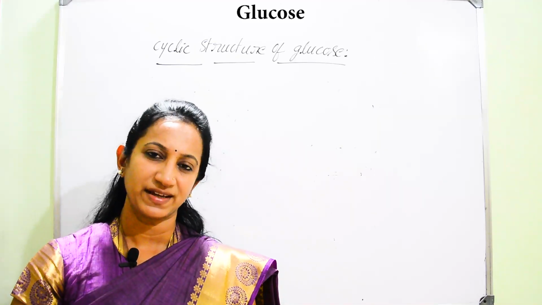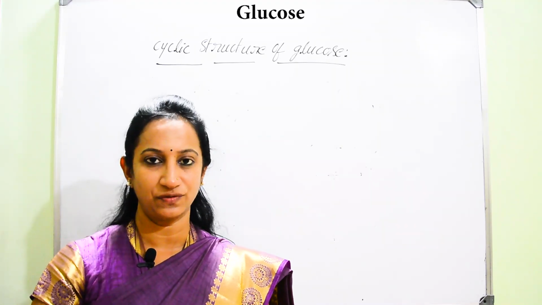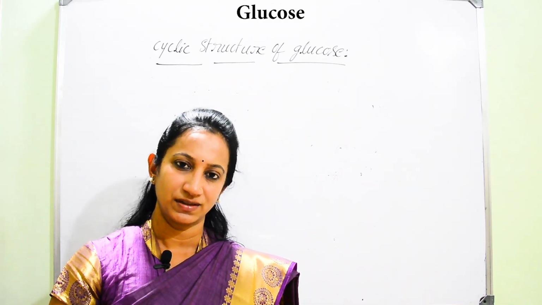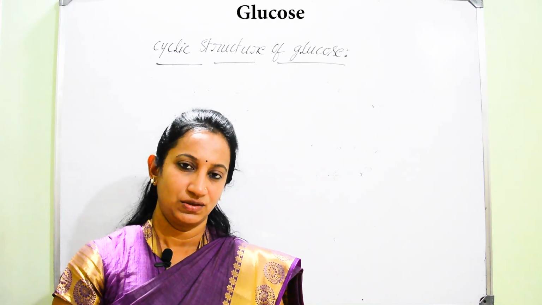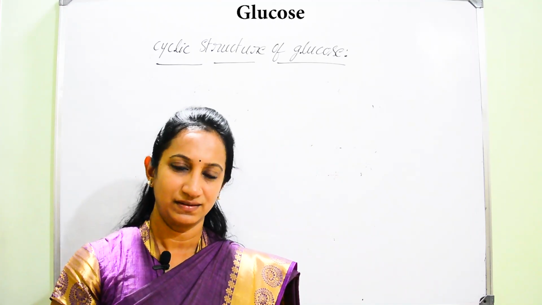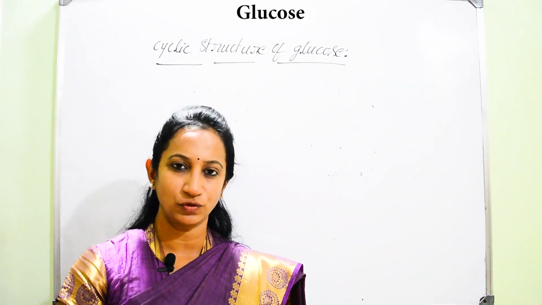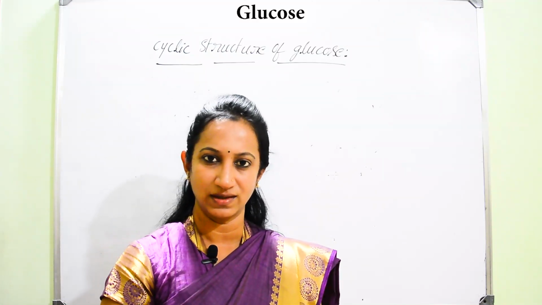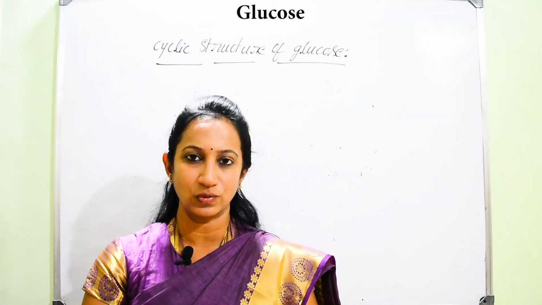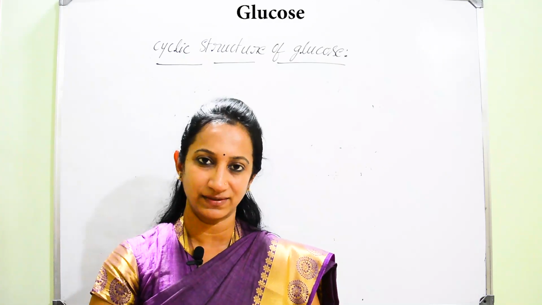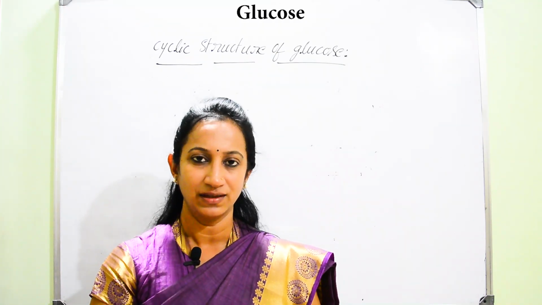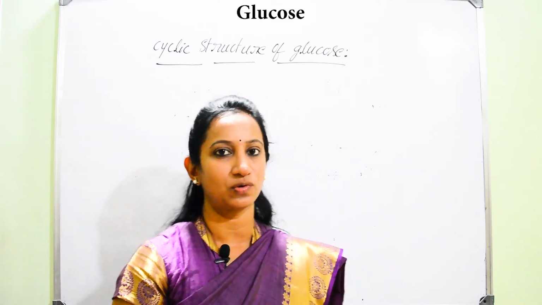In order to explain the cyclic ring structure for glucose, the scientist Fischer observed two forms of glucose. One is the alpha form of glucose, another is the beta form of glucose. These two forms were obtained starting with the same glucose. It depends on the difference in temperature during the concentration of glucose.